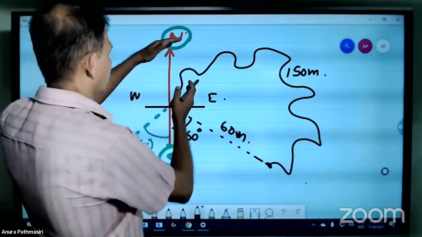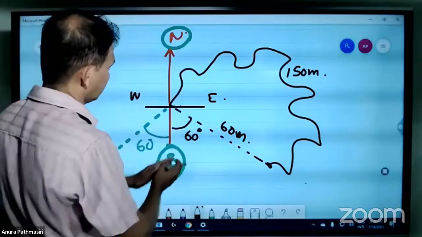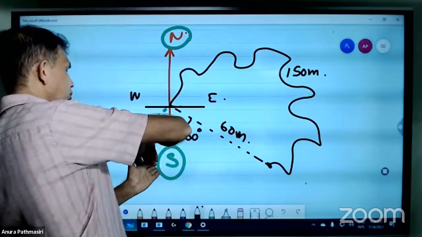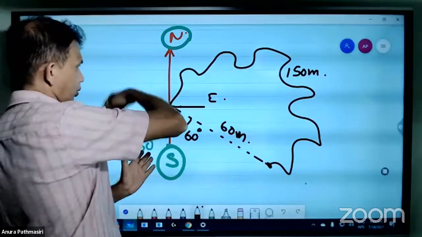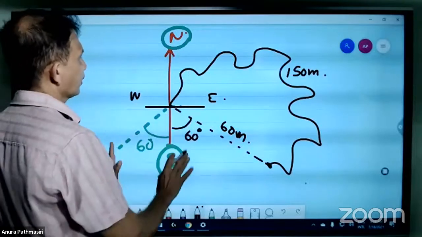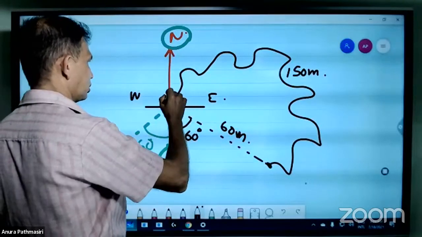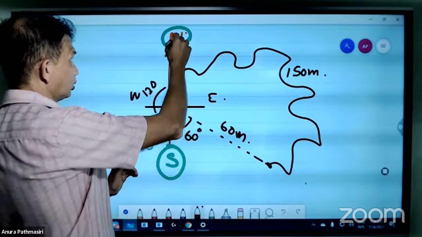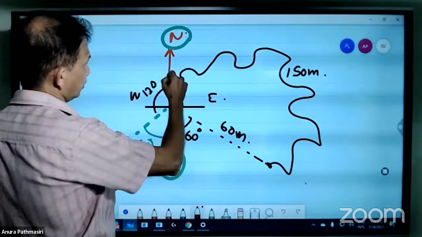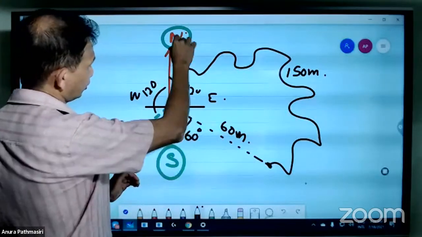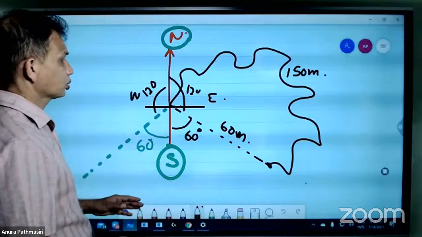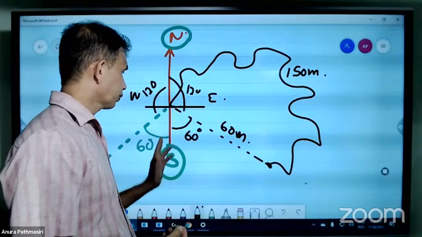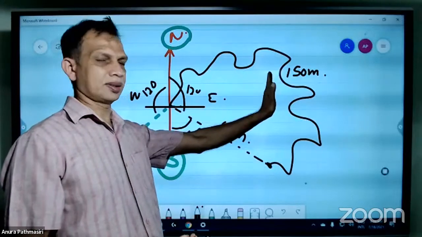I mean, 120 degrees from north to south. You can say it this way also, both sides you can consider. Just like here, you say 120 from north to south. And this is also 120 from north to south. Confused? So in order to avoid that confusion, we could say 60 degrees from south to east.